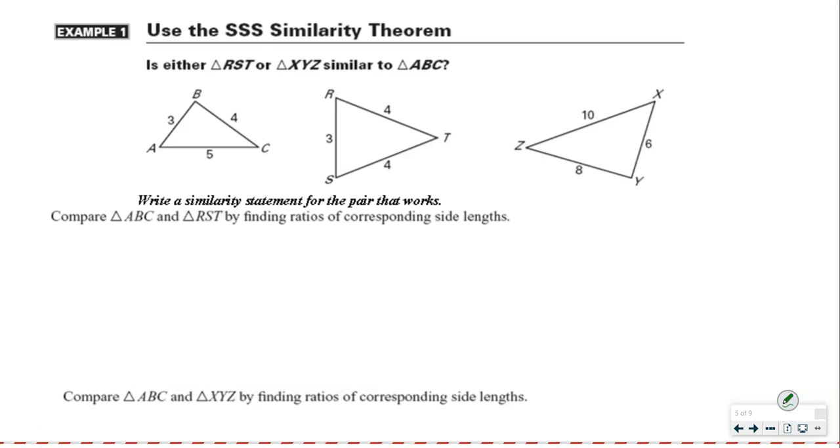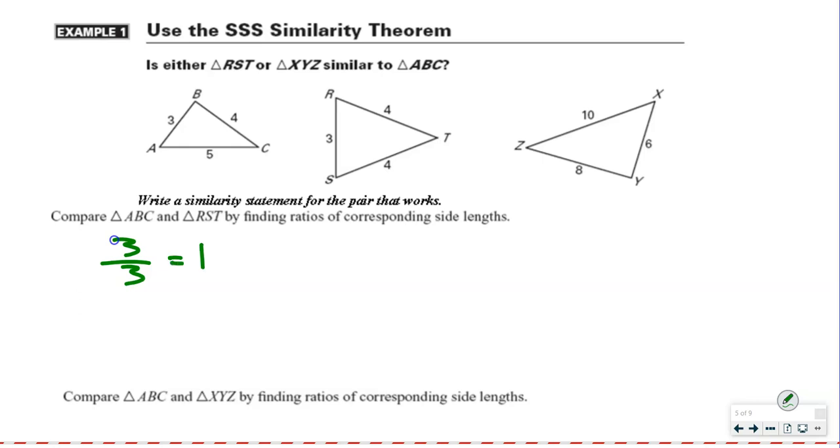So if we look at RST and ABC, ABC has sides of 3, 4, and 5. RST has sides of 3, 4, and 4. So we can match up 3 over 3, matching up the shortest side first, 3 over 3.